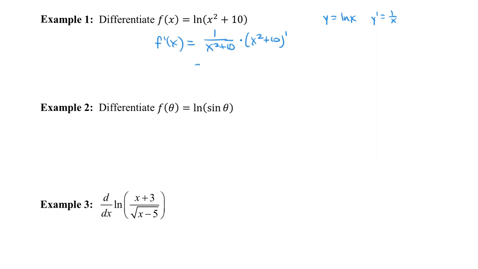So this ends up being 1 over x squared plus 10 times 2x, or 2x over x squared plus 10. And I know you guys would never try to cancel these x's, right? We can't cancel those x's because there's not an x here. And I know you would never try to cancel 2's out of here because there's no 2 here, right? So there's nothing to do here to simplify. It's just 2x over x squared plus 10.